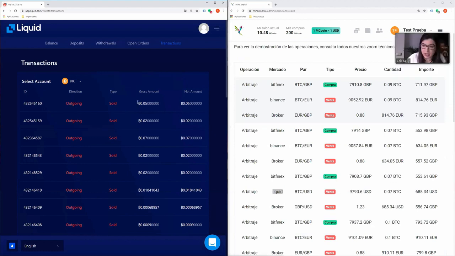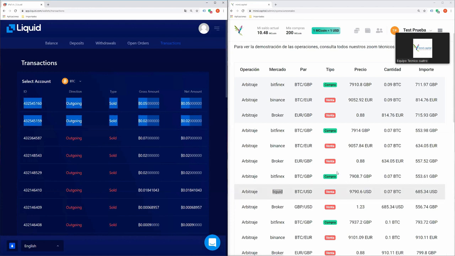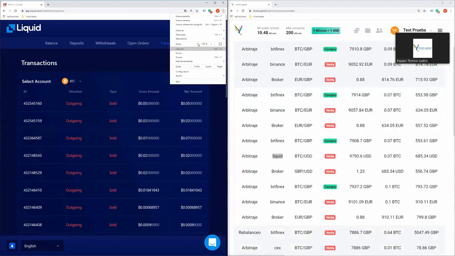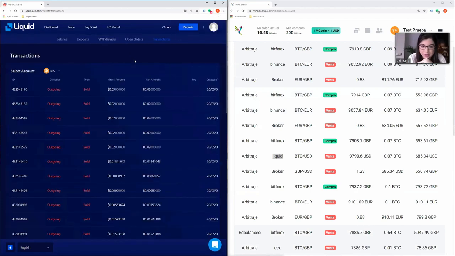It's in both senses, up and down. Yes, both ways. It doesn't matter if it goes up or down. The acceleration is the problem. When you are doing arbitrage, the acceleration of the market is what gives us headaches, and not only us, everybody.